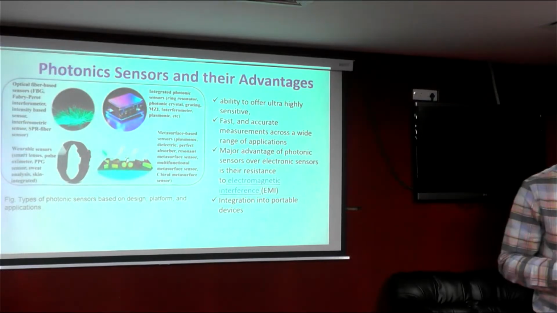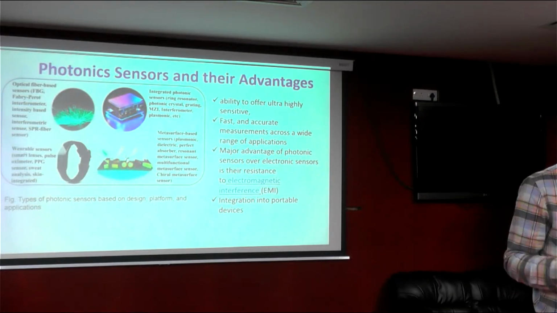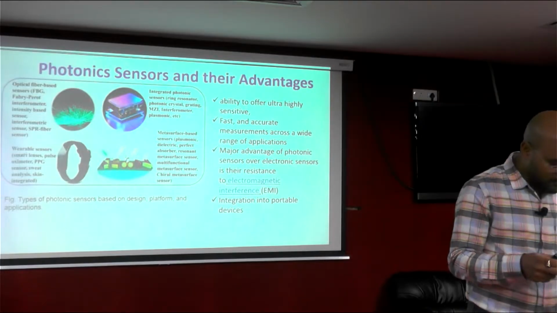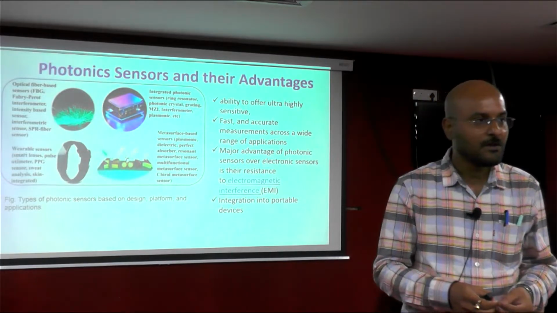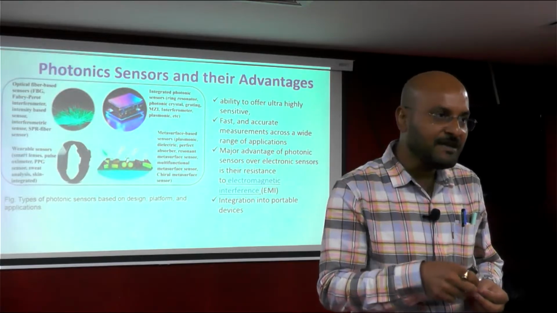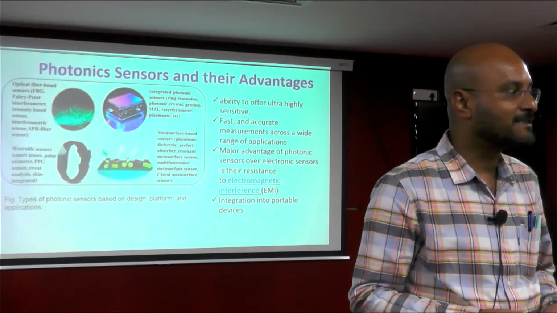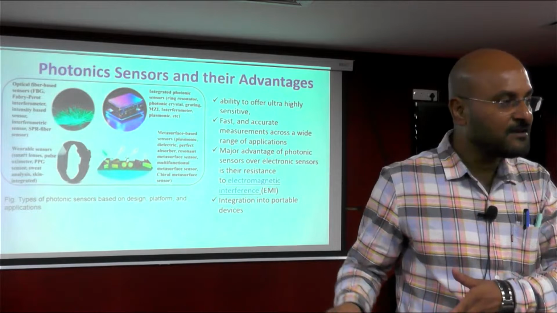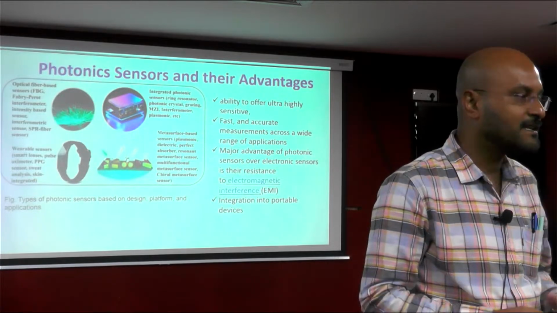Apart from that, like any other test, we have to take our blood. These are all invasive methods, meaning we have to give pain to our body to have a test. But the non-invasive method is this photonic sensor.